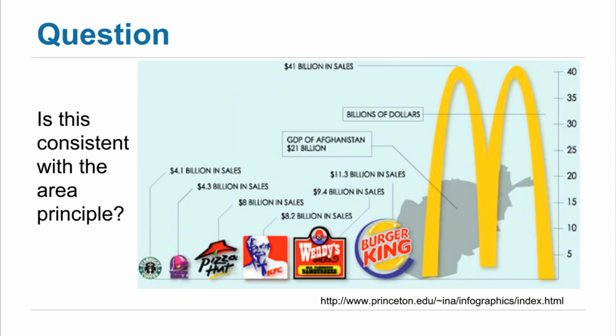I'll give you a suggestion for how to compare areas. I find it really hard to compare areas of disks, circles. It's much easier to compare areas of things that look like rectangles or squares.